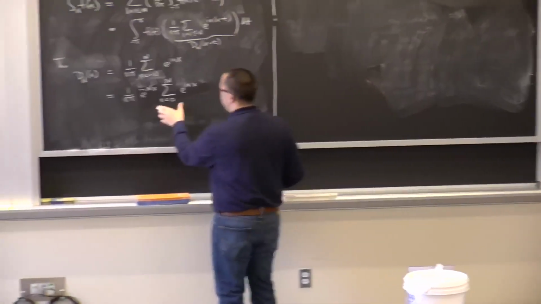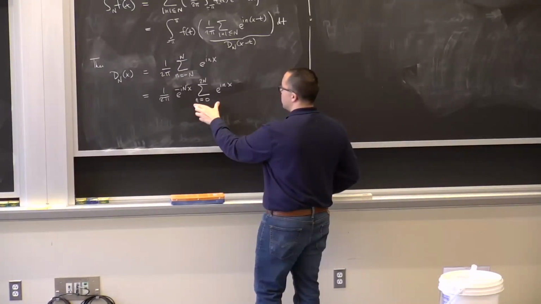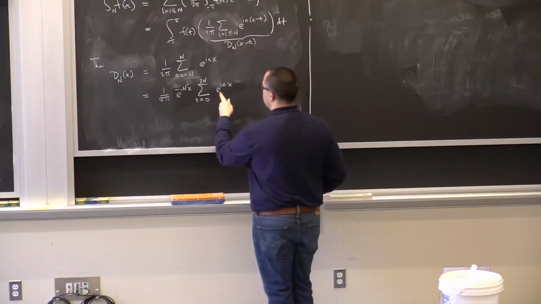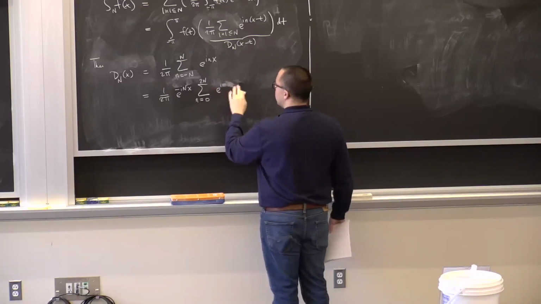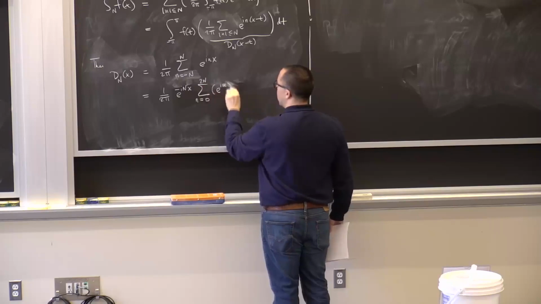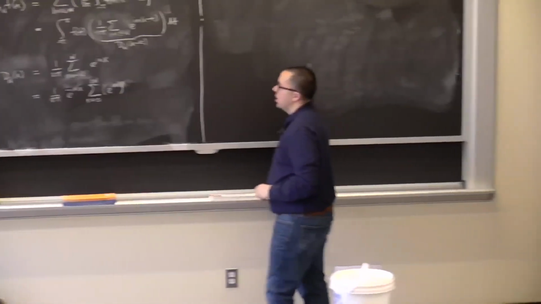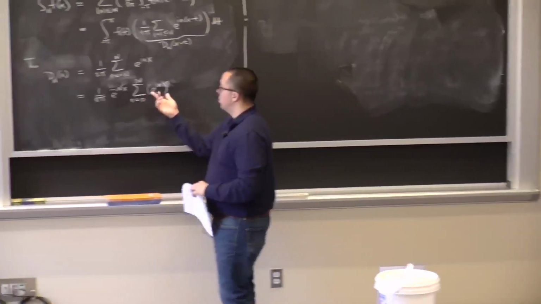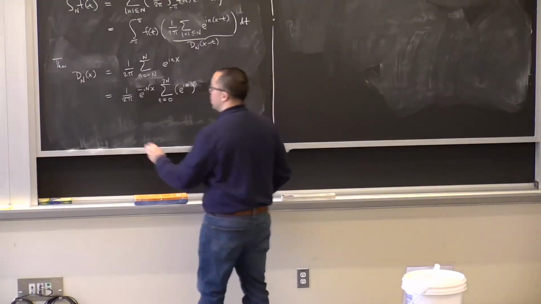Now, this is a geometric sum. This e to the i n x, again, this is something that you can just check from the definition, is also equal to e to the i x raised to the nth power. Okay? And I know how to sum things that involve something being raised to the nth power, finite sums, that is.